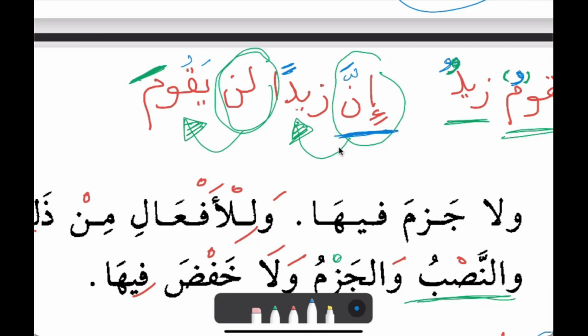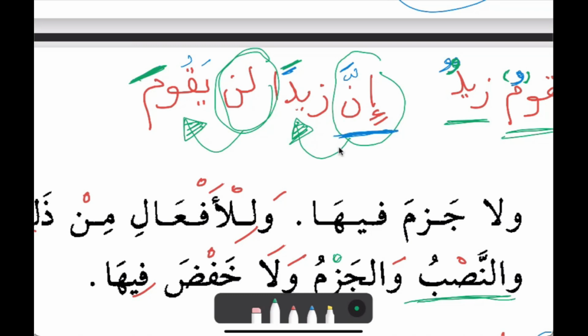Zaydan here is inna's noun. That's what you're going to call it. Ismu inna. Zayd is inna's noun here. So mansub, in the state of nasb. Wa alamatu nasbihi, and its sign of nasb is fatha. Zahira, an apparent fatha.